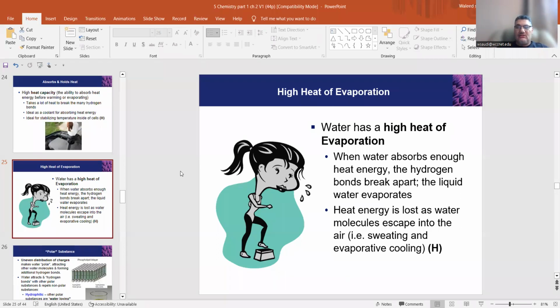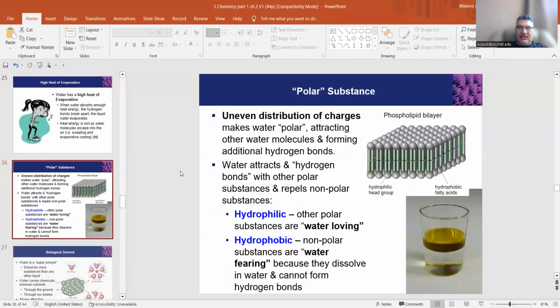When you evaporate, it breaks down, simply. So because water is polar, as I just told you, it is going to attract other molecules and make hydrogen bonds with them. Which molecules?